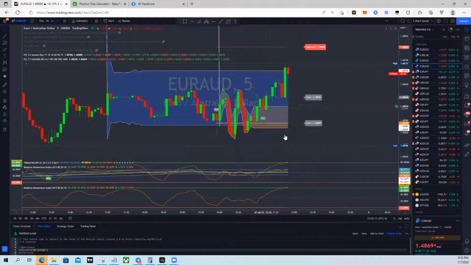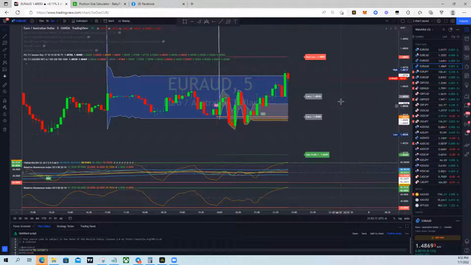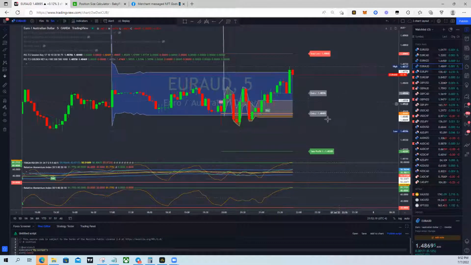So you got in where? At the bottom of the zone. In a lot of cases, the golden key will give you an early entry to the trade. The session key is the blue box. The golden key is the gold box at the bottom. It hasn't given us a clear indication that it wants to buy just yet on Euro AUD, but it has on the golden key.